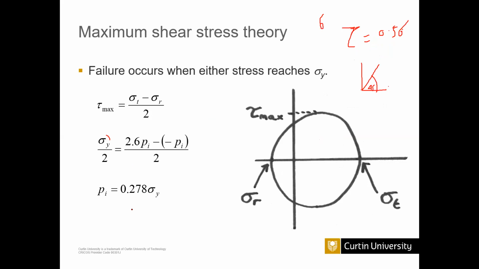If you use the maximum shear stress theory, you will get the safe zone until 278 megapascal. That's why I told you there is a difference: the method you use gives a different safe zone.